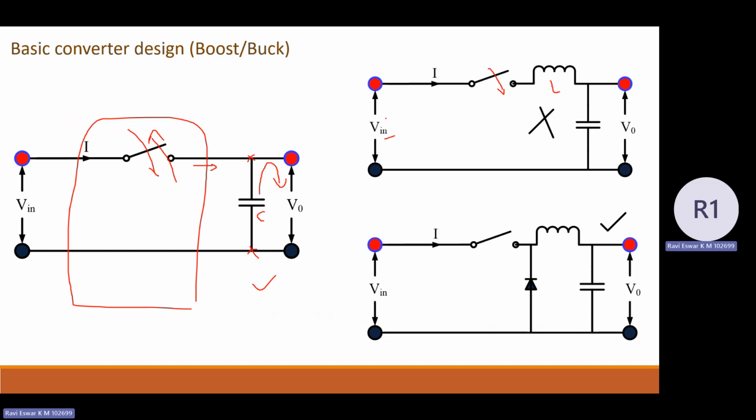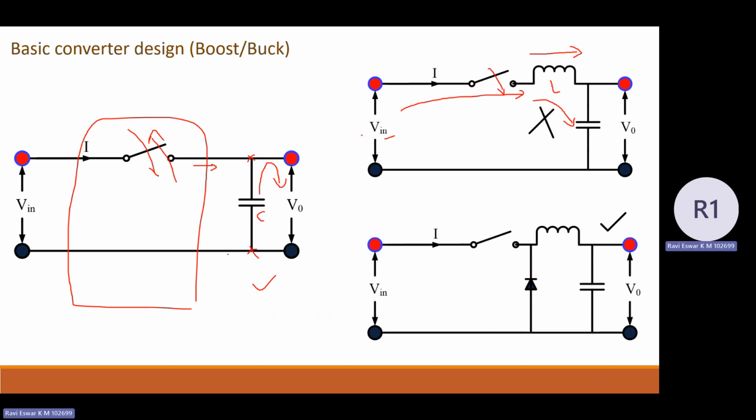As you can see from the KVL here, the supply voltage is feeding the inductor and the output voltage. So the inductor starts charging. Now suddenly when I turn off the switch, as you know the property of the inductor, it doesn't allow sudden change in the current. If I take the current direction of the inductor as towards the right side, it tries to maintain the same current direction.